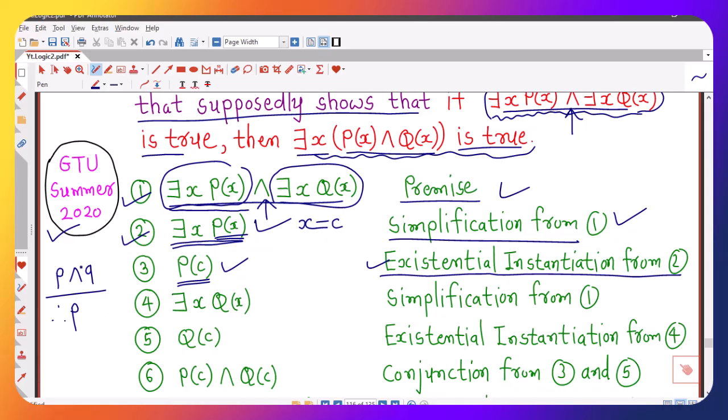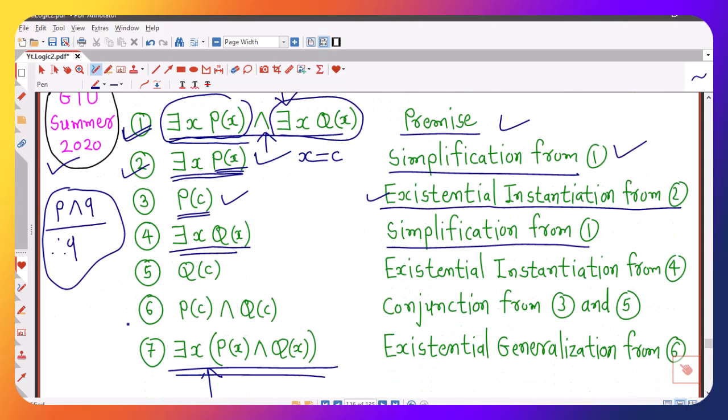So this is also valid step. After that they are again using this simplification rule of inference, but instead of p, now they are using q here. So p and q, therefore q. So now using statement 1 or step 1, they are writing step 4. There exists x Q(x). This is written using simplification from step 1.